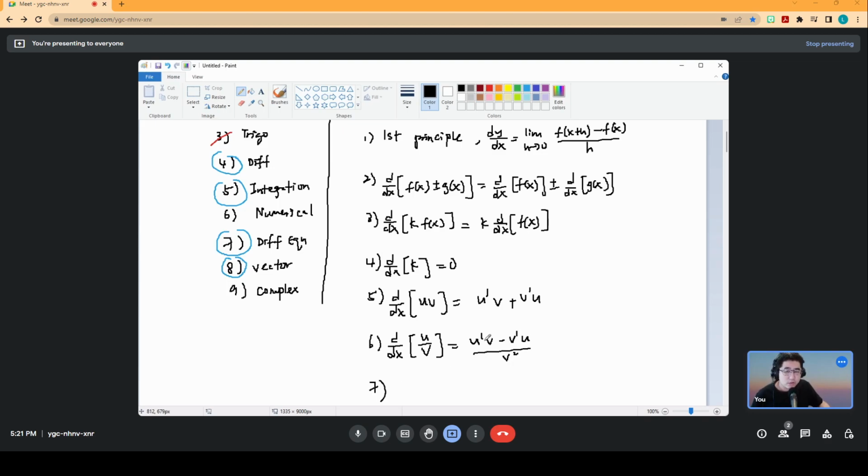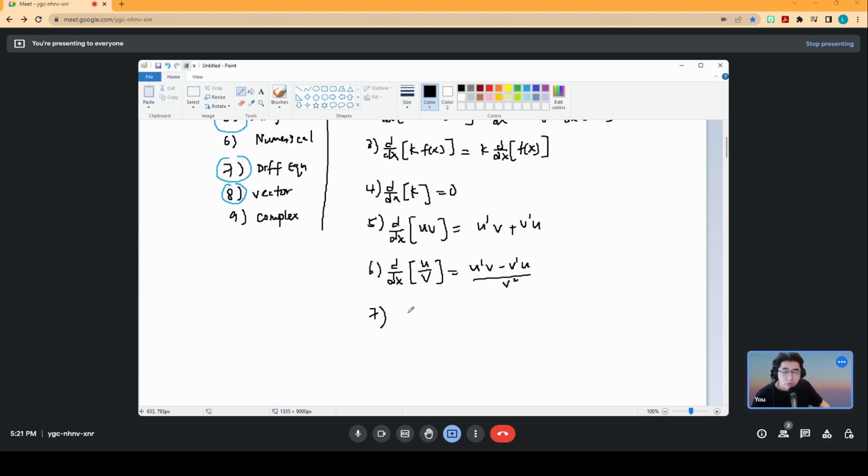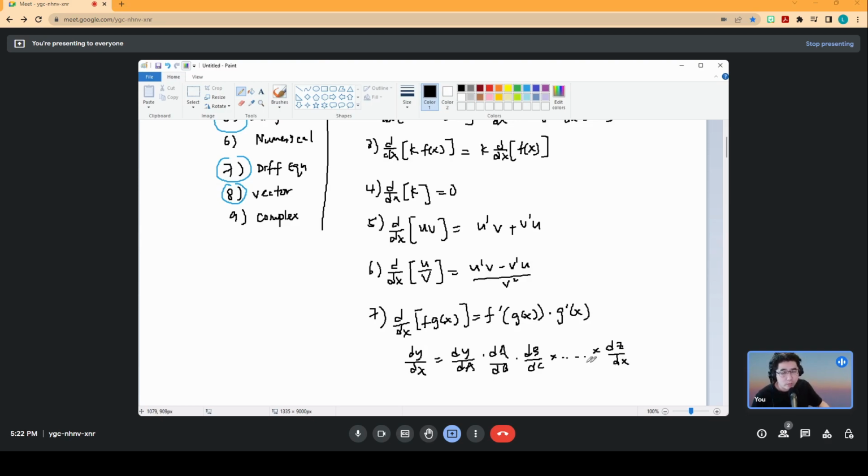Number 7, chain rule: d dx of f of g x equals f prime of g x times g prime x. Or dy dx is in the form of dy da times da db times db dc, all the way to maybe dz dx. It depends on how many chains we have for the question.